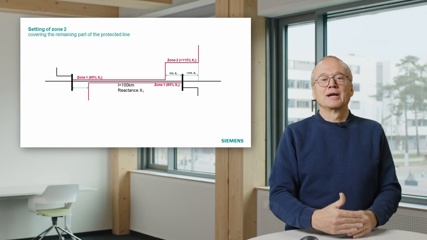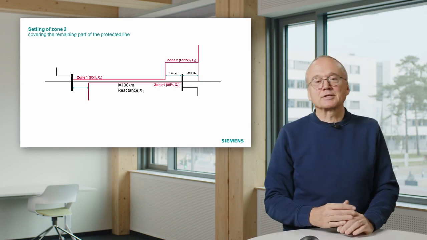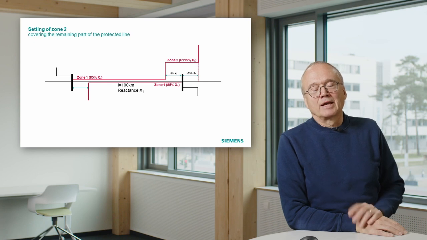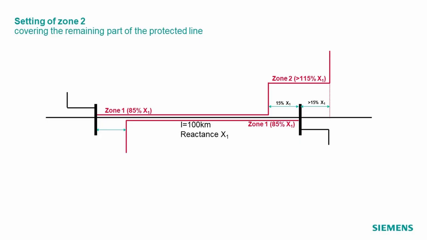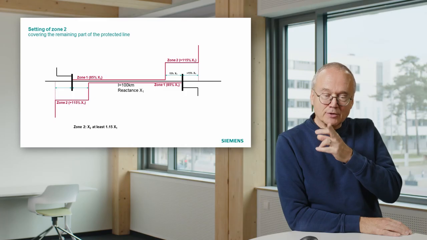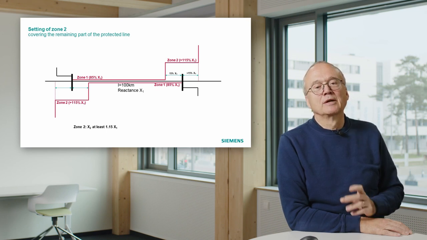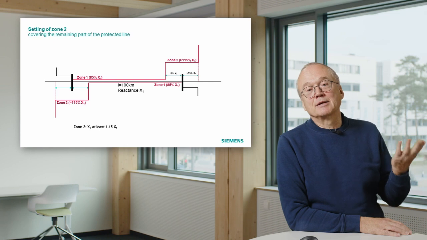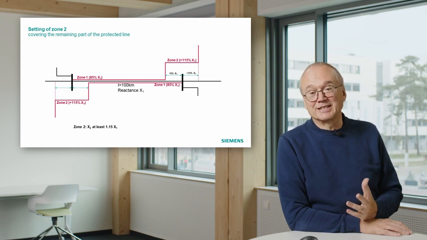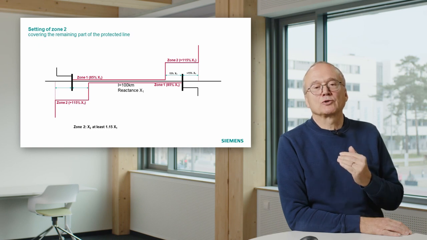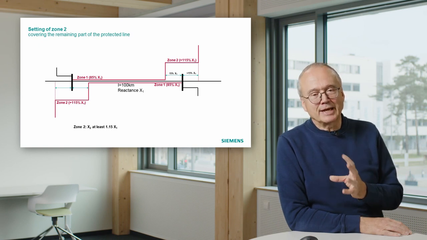And that means it must be at least 15% beyond the end of the line. If we do that from both sides, of course, that would mean if there is a fault in this remaining 15%, this fault will definitely be tripped also from the left side, unfortunately with a little bit of delay, but it will be tripped. And that is one purpose of zone 2, delayed trip.